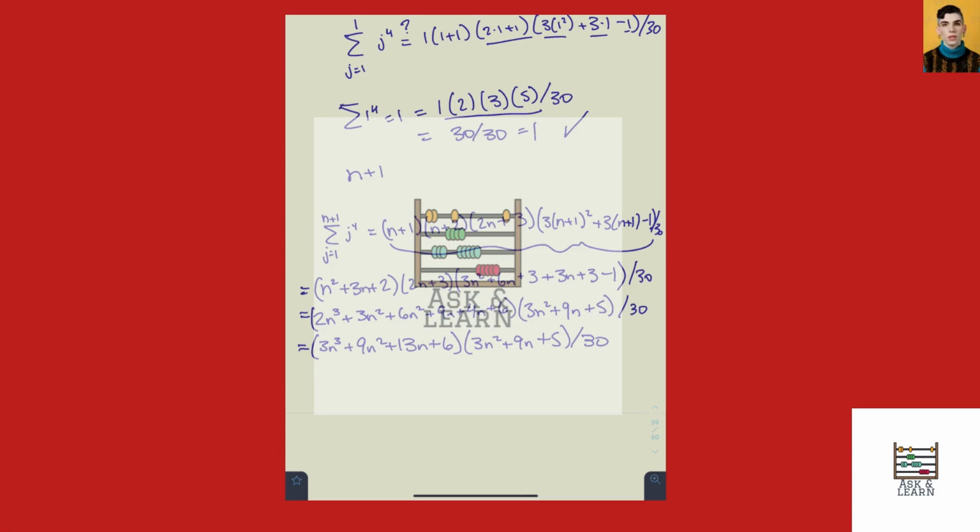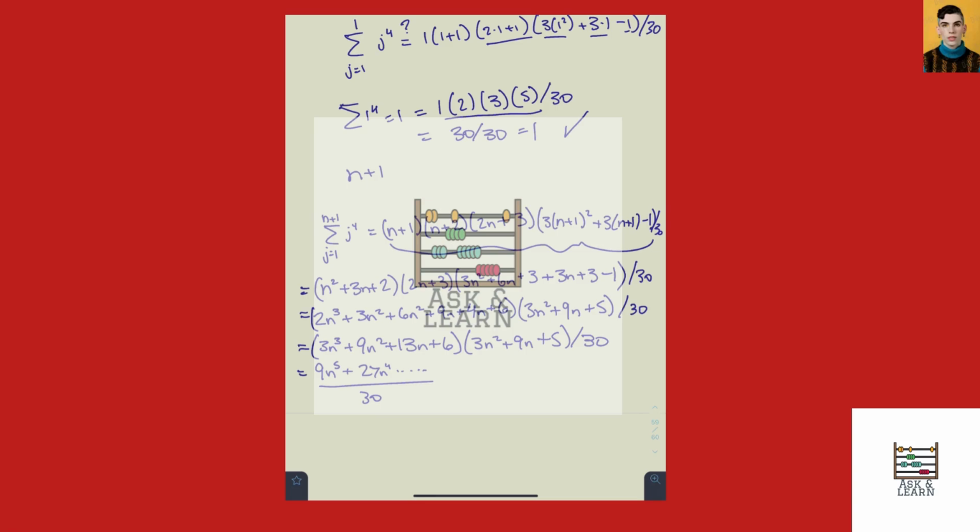And then we'll have to multiply this through one more time. So what we end up getting is going to be 6n to the 5th plus 27n to the 4th, and this is going to go on and on until we get over 30.